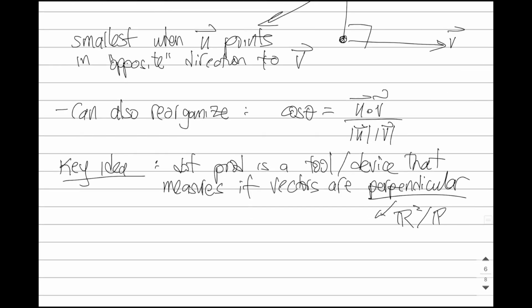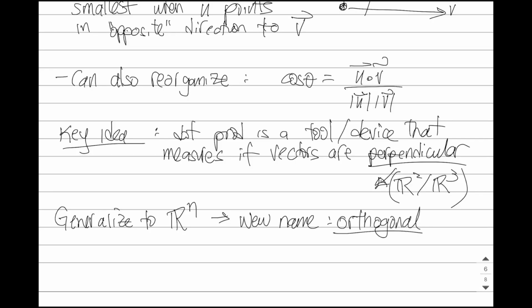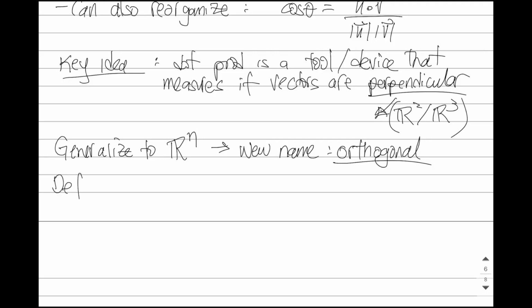But we want to generalize this. Now, when we generalize it to Rn, nobody's ever seen Rn. We can't see if they're actually at a right angle or not. So we have a new name, we call it orthogonal. We also like to give it a new name because it's going to turn out in math that these ideas apply to things other than vectors and lines. They're going to apply to a whole bunch of stuff.